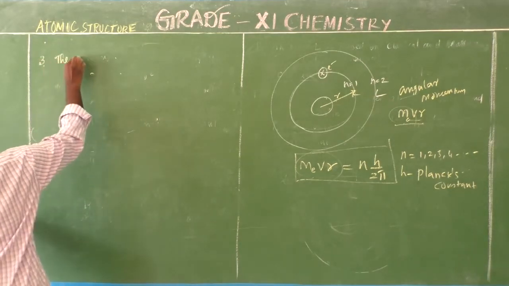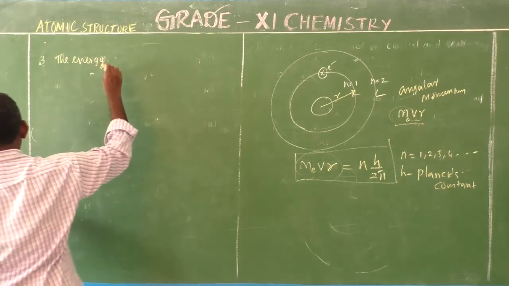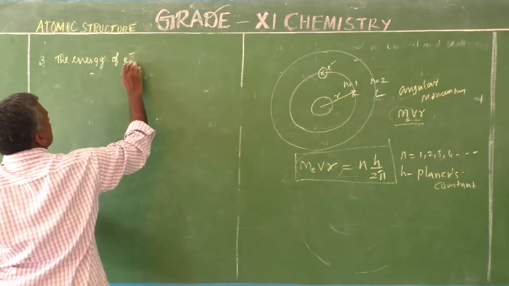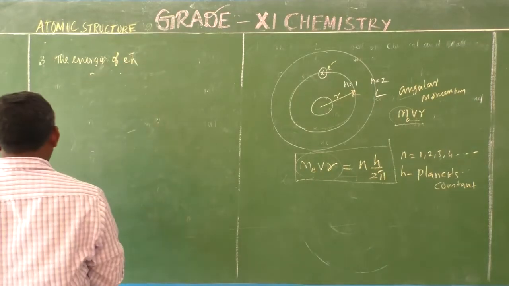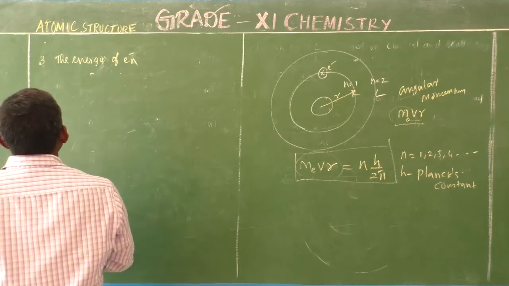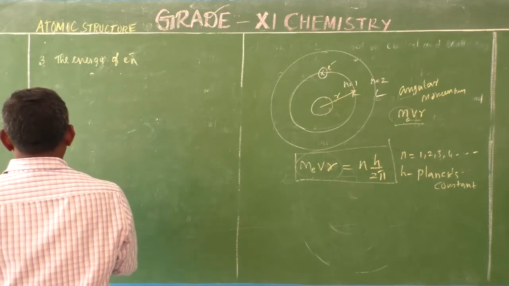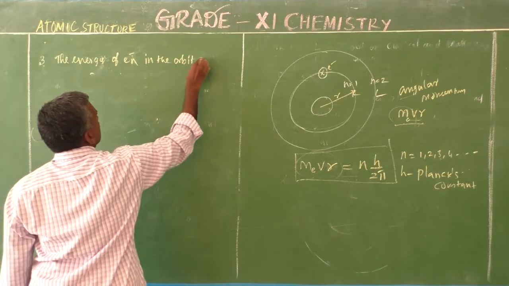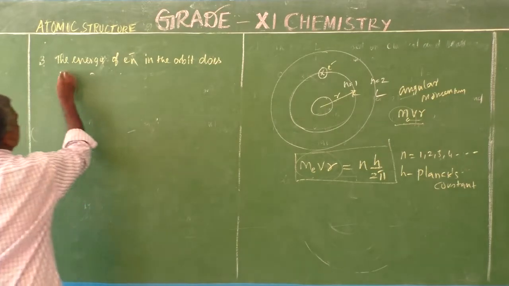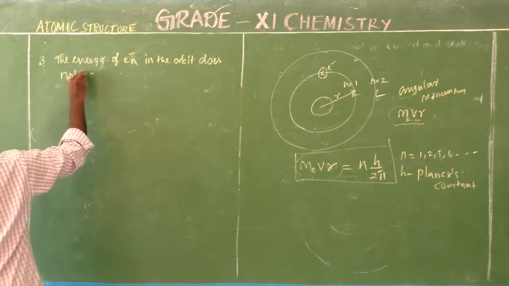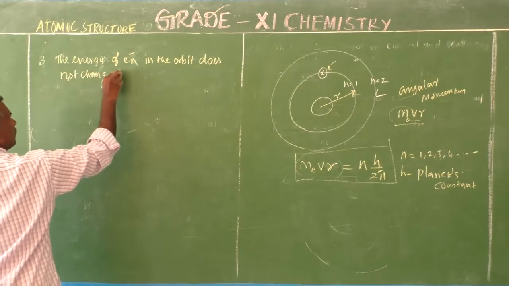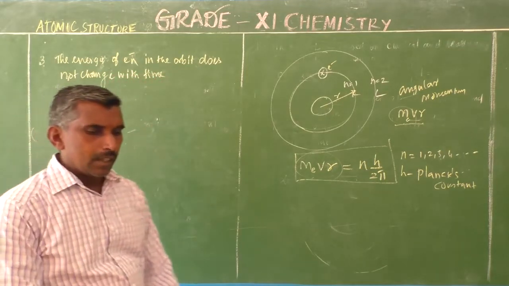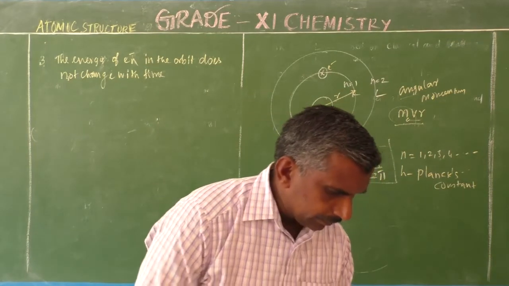The energy of an electron in the orbit does not change with time. This is the third postulate. How?